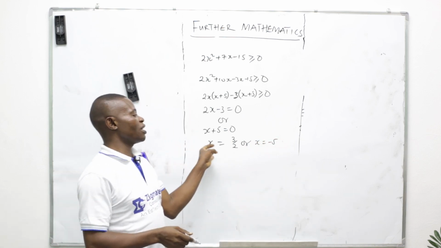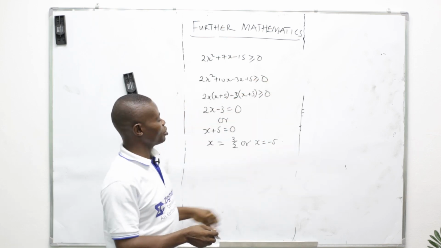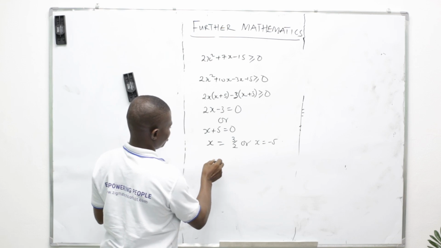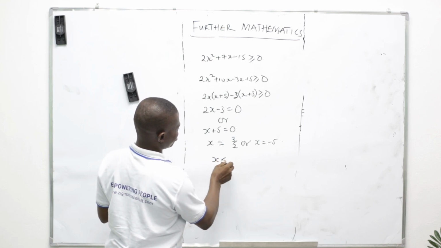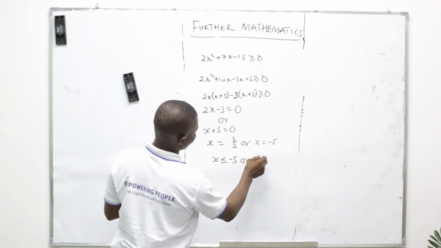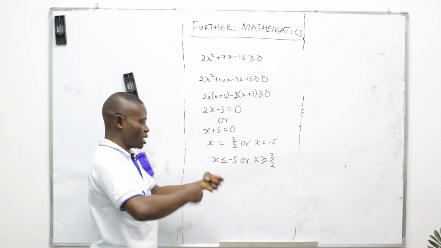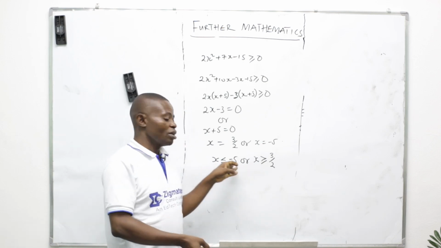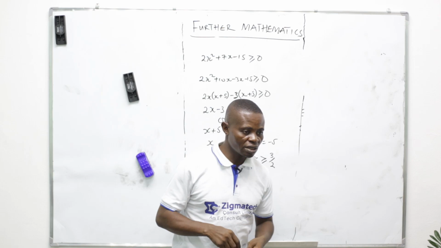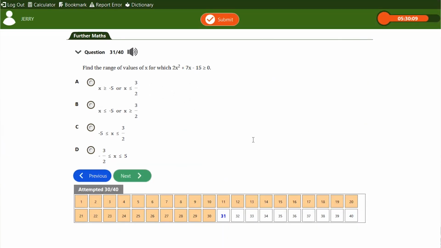So for the fact that you are having greater than or equal to, it means that s is less than or equal to minus 5 or s is greater than or equal to 3 over 2, because this one is positive, so greater, while this one is negative, meaning minus. So let's see, s is less than or equal to minus 5. Okay, is there option B?